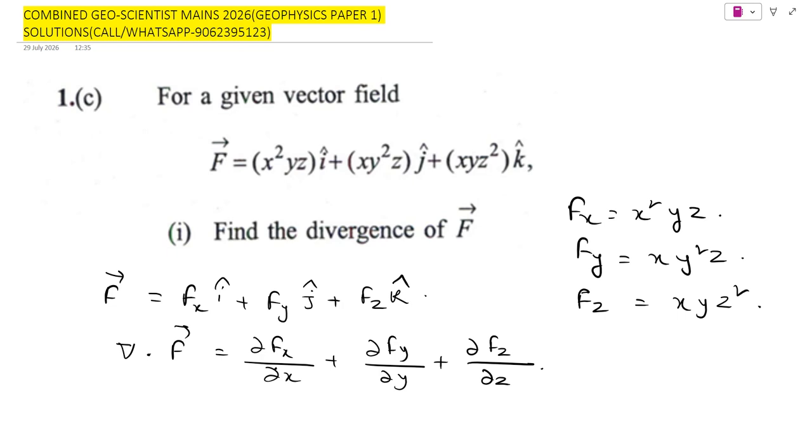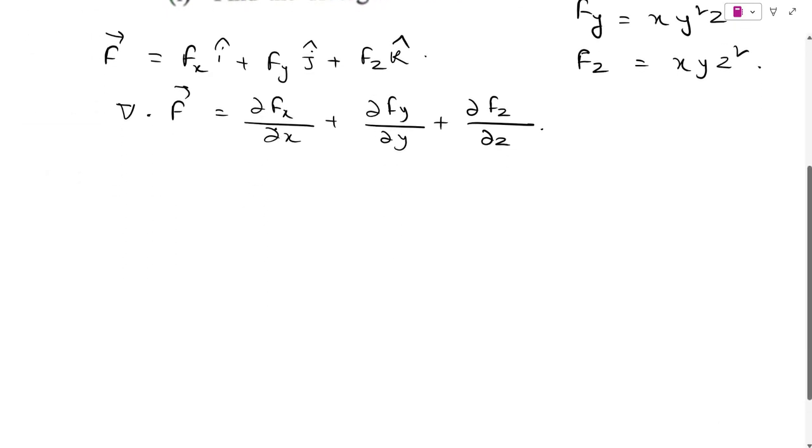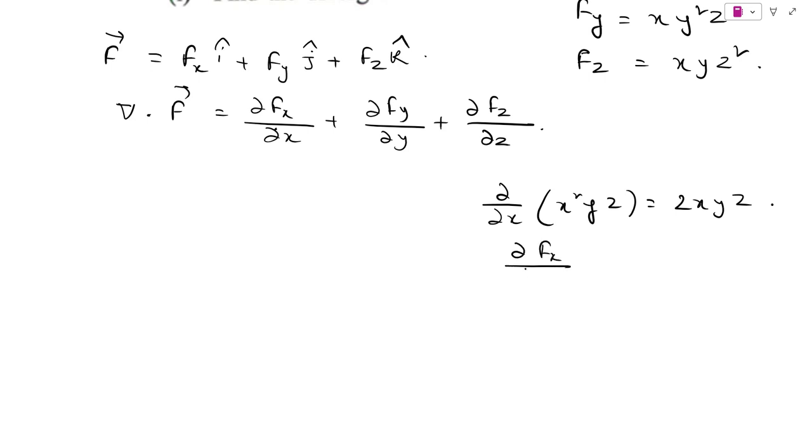Now, the x component is what? x square y z. So differentiate with respect to x. And since y and z are constants, this is 2xyz. So we can say del fx del x is 2xyz.